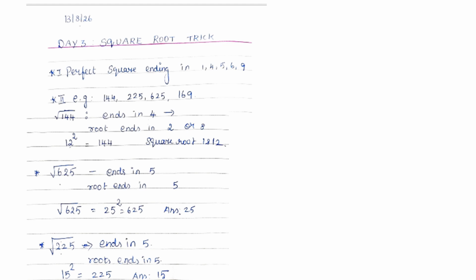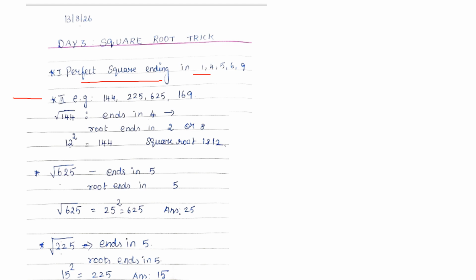Good evening, students. Today, day 3, max trick topic: square root. Square root means first you know about perfect squares. A perfect square number ends with 1, 4, 5, 6 or 9. For 1, it is 81, 9 squared.